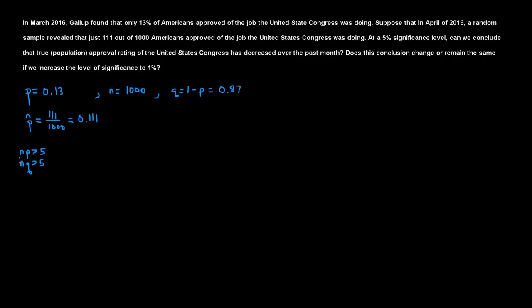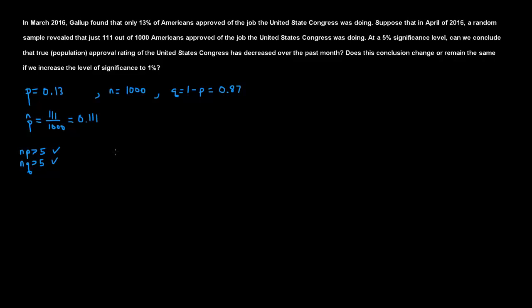Of course, 87% of N, which is 1,000, that's certainly greater than 5. So both of those check out. So we're good. We can use the standard normal distribution, and that's what we want to do later on.